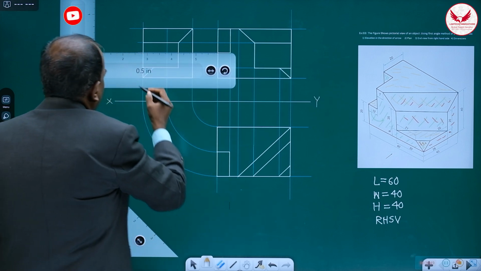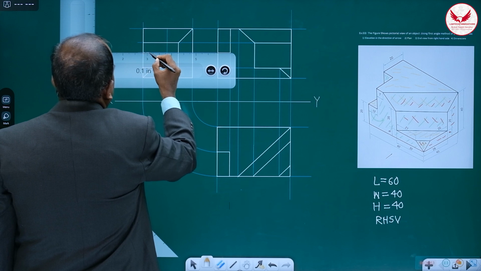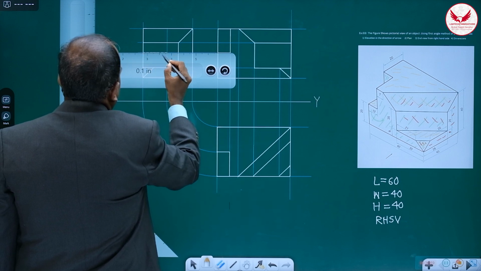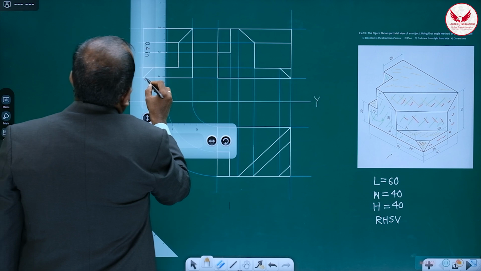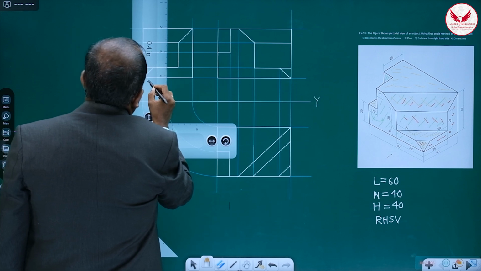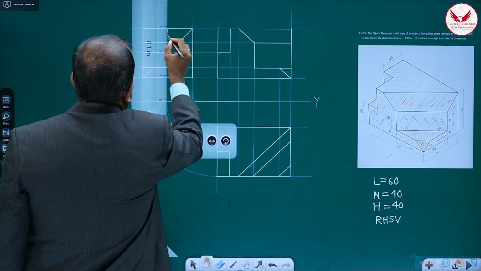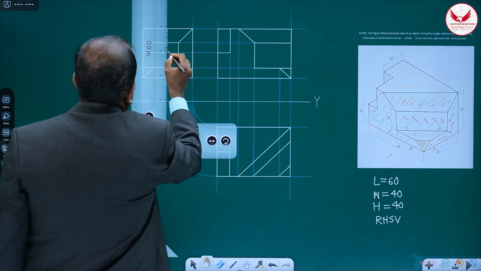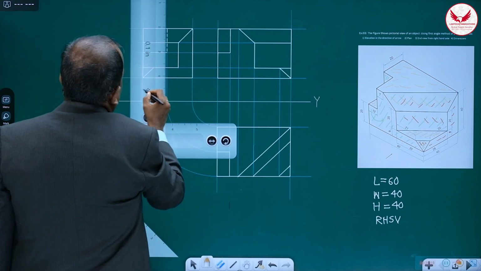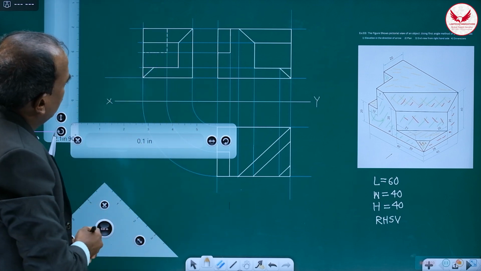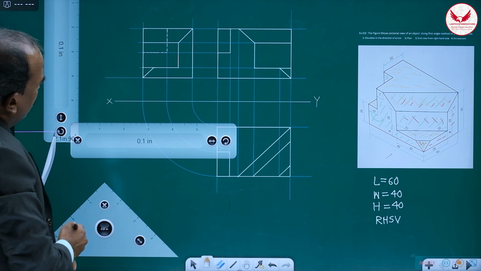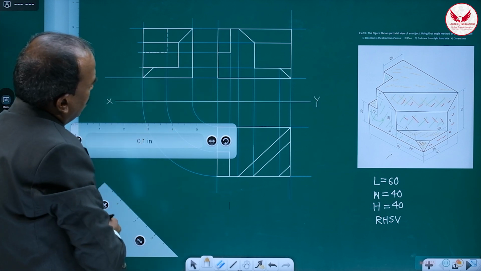We have to make use of the dotted lines. Vertical also. Very neatly you have to draw the dotted line, like this. It requires a lot of concentration. So these are the dotted lines.